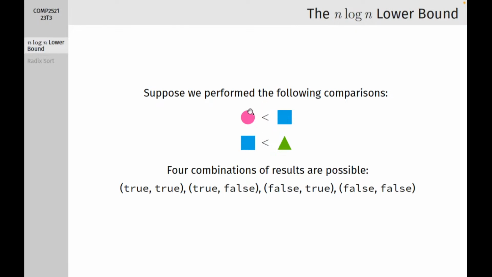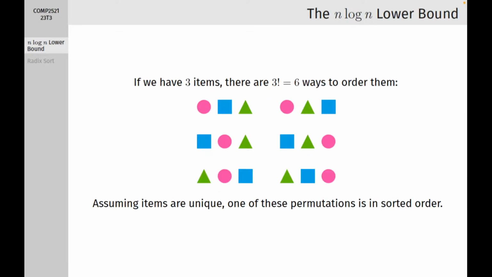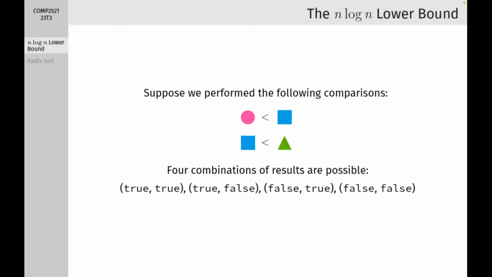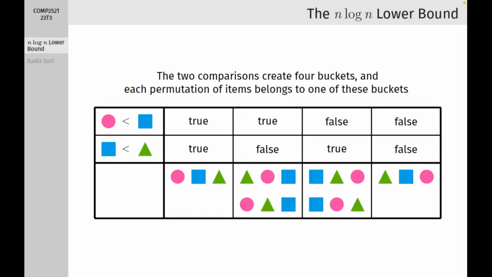So circle is less than square, square is not less than triangle, or square is less than triangle, but circle is not less than square. So we've got 6 possible permutations, one of which is the correct sorted order, and we've got 4 possible combinations of results. And each of these permutations satisfies one of the combinations of results.